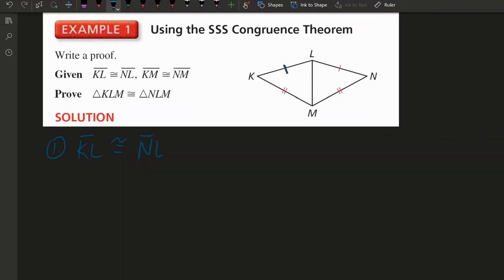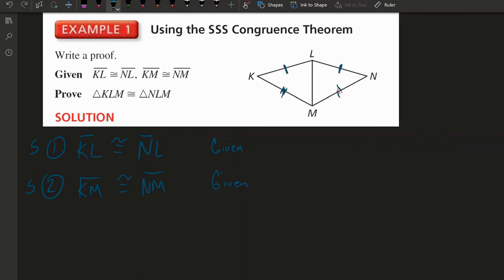That means this is congruent to this, and so now I have one set of corresponding sides. The reason for that is it is given. Step two, I can say KM is congruent to NM. And again, the reason is given. And now I've shown that another set of corresponding sides is congruent.